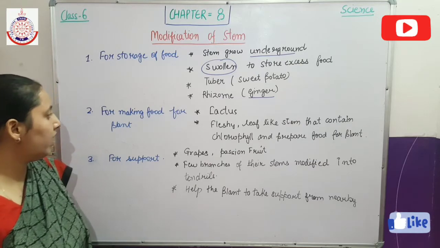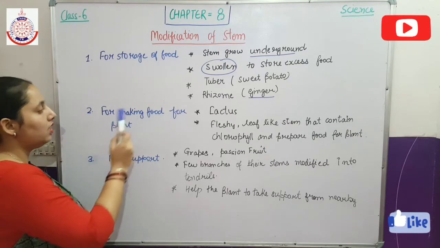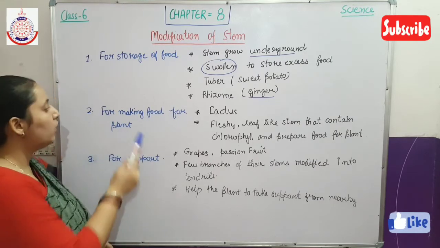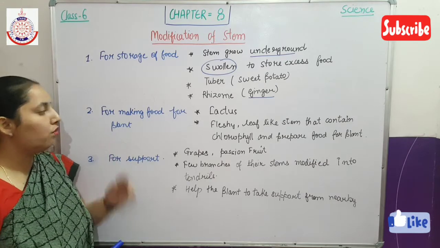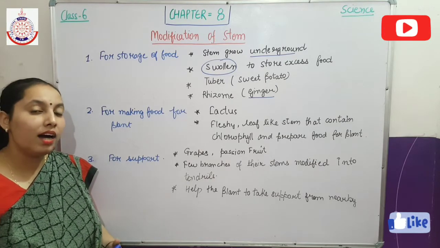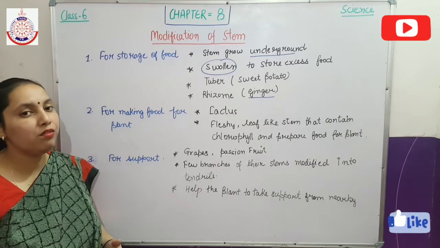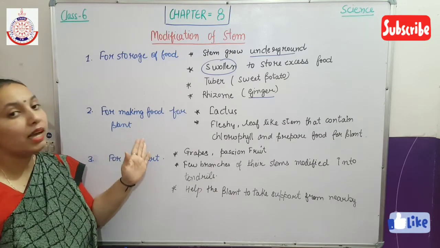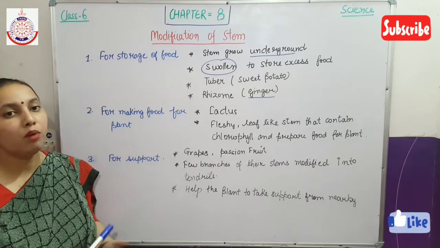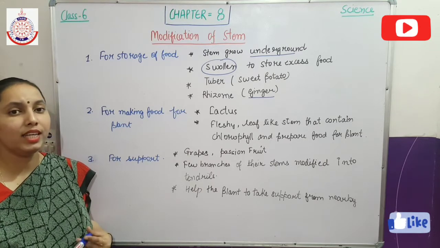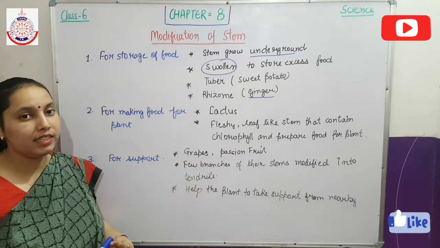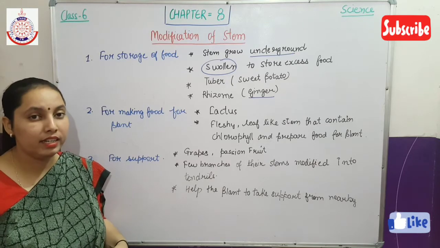The second modification is that the stems modify to make food for the plants. If the stem wants to make food for the plants, the shape of the stem modifies, as you can see in the shape of the cactus plant. Have you ever seen the cactus plant?